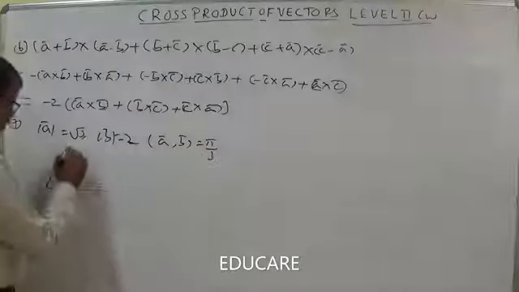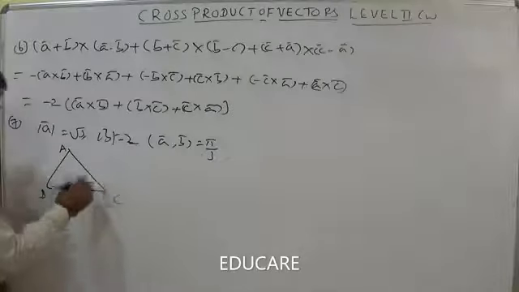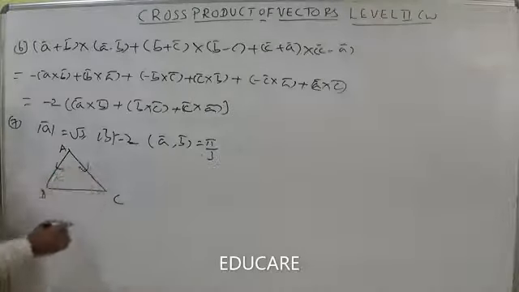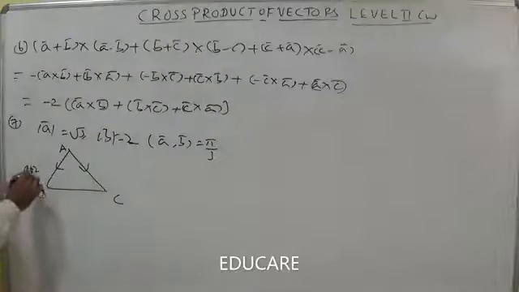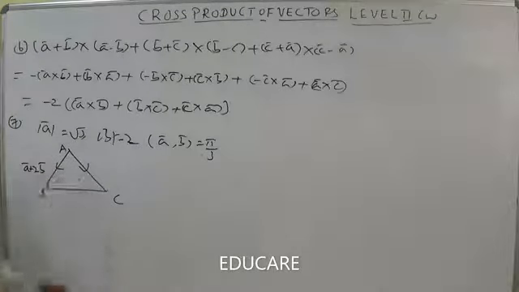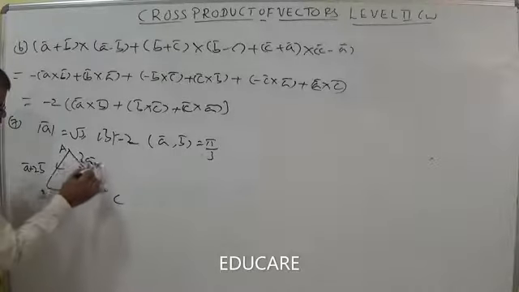Area of triangle formula: 1 by 2 into adjacent side cross adjacent side. The adjacent sides are given as a bar plus 2b bar and 2a bar plus b bar.